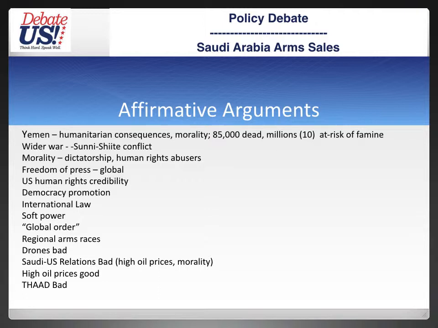There are also obviously arguments related to the morality of the United States continuing to support the war. Specifically, there's a question of whether we should be providing aid to a dictatorship, to a monarchy, to human rights abusers. As I mentioned in the introductory part, there's probably been an escalation in human rights abuses under MBS's leadership.